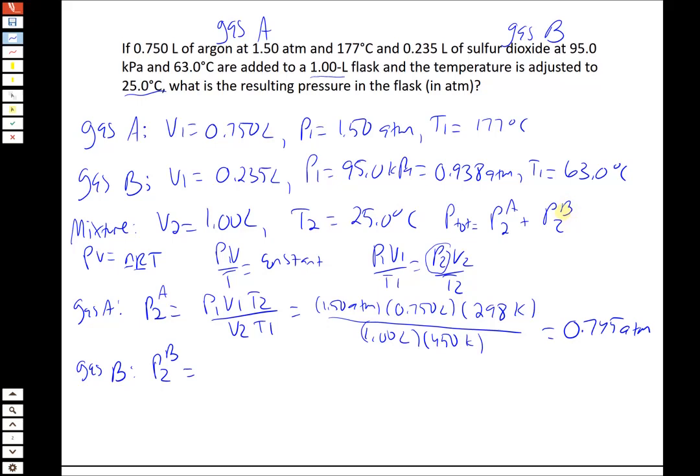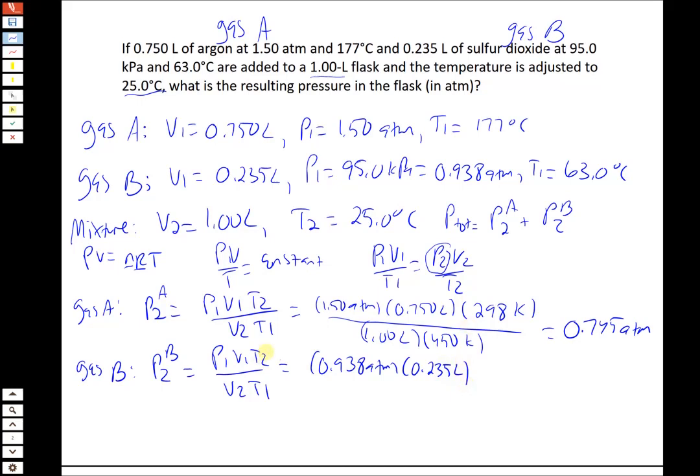So for gas B, again, it's still going to be P1, V1, T2 over V2, T1, but the initial conditions, P1, V1, and T1 are different for gas B, so we put those numbers in. So for gas B, its initial pressure was 0.938 atmospheres. The initial volume for gas B was 0.235 liters.